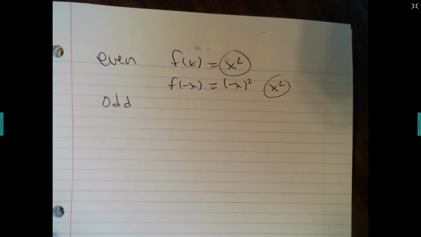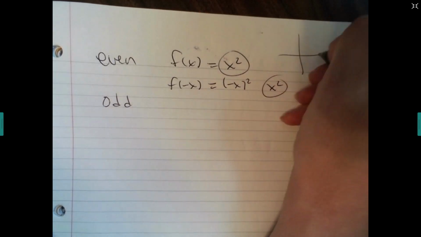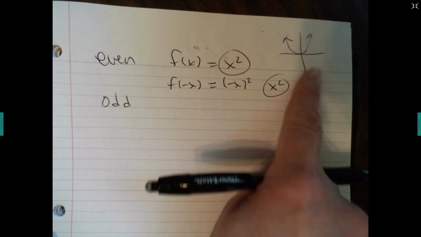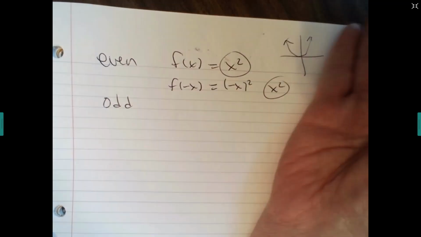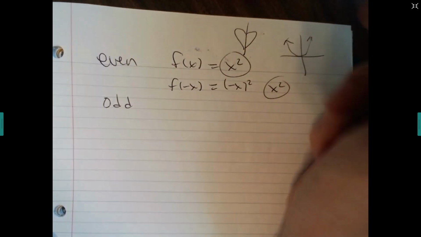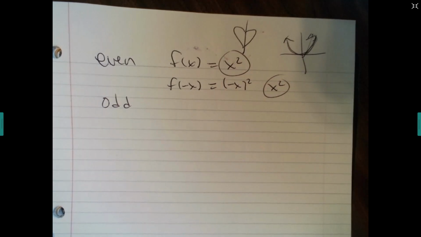So if you sub it in and you get the same thing back, that is an even function. And it is going to be symmetrical around the y-axis. So you can graph it and be like, oh, wow, it's symmetry. Like a heart has symmetry, right? Like reflection. And again, I'm not very good at drawing this, but it would have symmetry there.